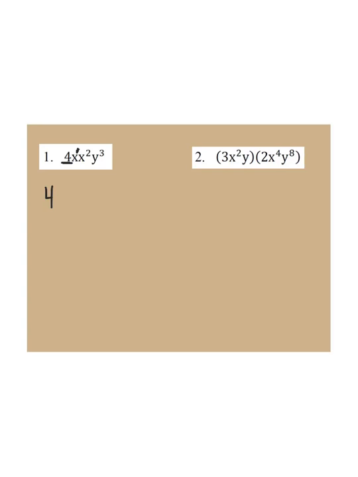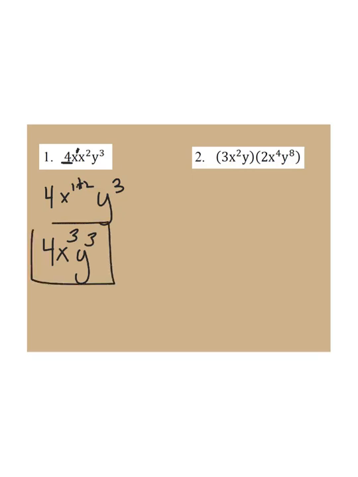Well, when I multiply, I'm going to add. So I'm going to get x to the 1 plus 2. And then I have y to the third. If I simplify this, I get 4x to the third, y to the third. And I'm done with that one. Each variable only appears once. There are no fractions. I'm good to go.